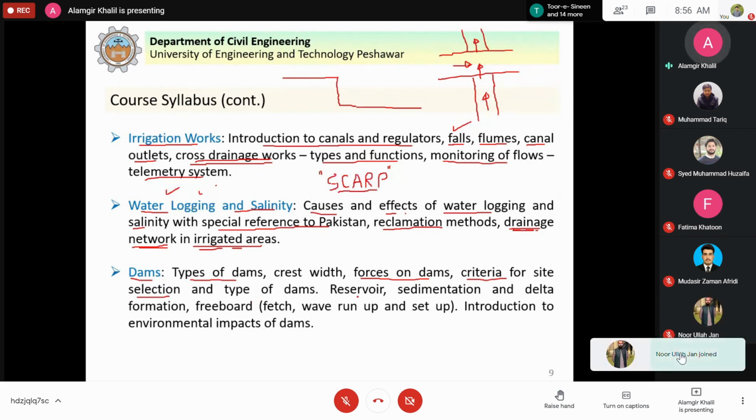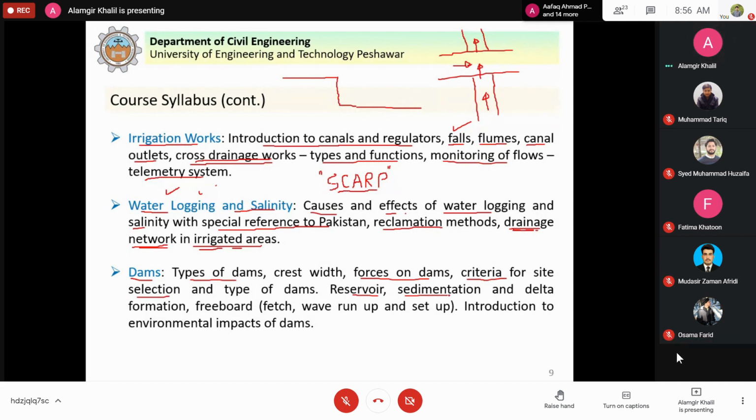We will also study some introduction to reservoir sedimentation and delta formation. The water which is stored in the reservoir carries sediments, and they are deposited, and ultimately the storage capacity is affected.